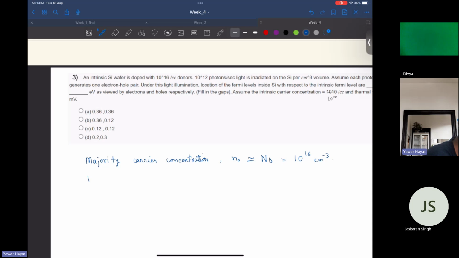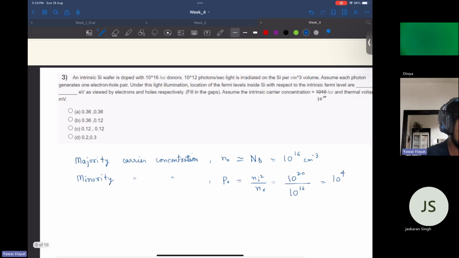What about the minority carrier concentration? Your minority carrier concentration would be P0, and by law of mass action, that would be Ni square by N0. That would be 10 to the power 20, because Ni is 10 to the power 10, whole divided by 10 to the power 16. That is nothing but 10 to the power 4 per centimeter cube.